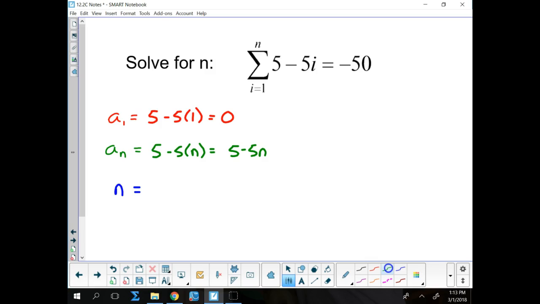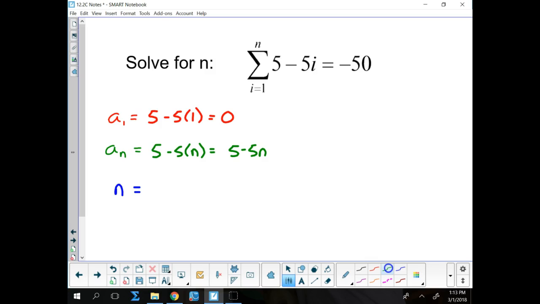Okay, how do I find the total number of terms? No, we have to figure it out. Look in your notes.